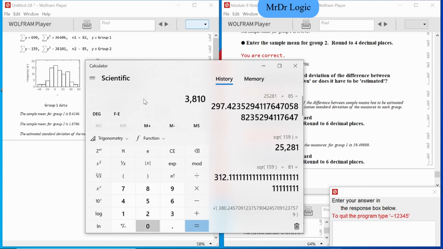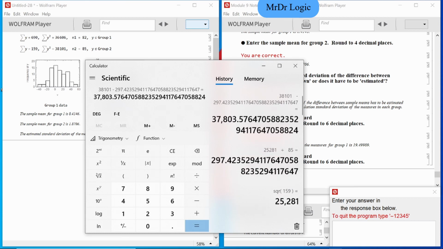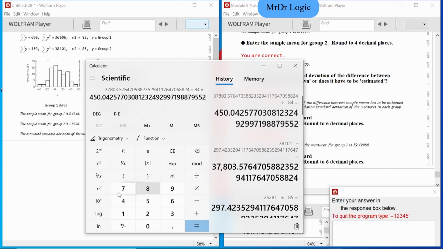Okay, so 38101 minus 29.42352941176, 47058, 8235, 294116747. Divided all by 84. Square root it. Wow. That's a 7.